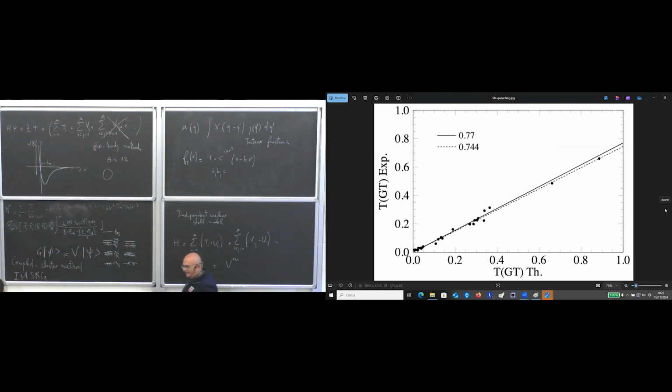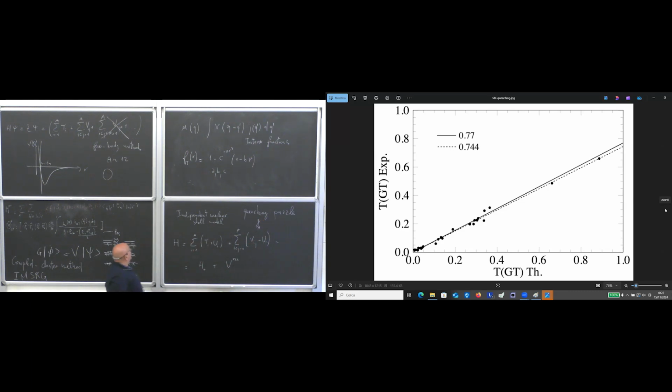Yesterday, maybe some of you heard about this so-called quenching puzzle. They call it a puzzle because people say it's this, it's that, it's something else, of the axial coupling constant gA.